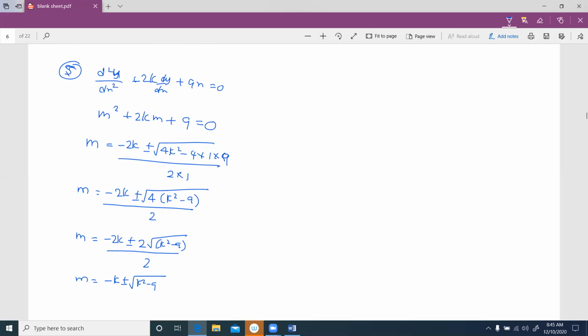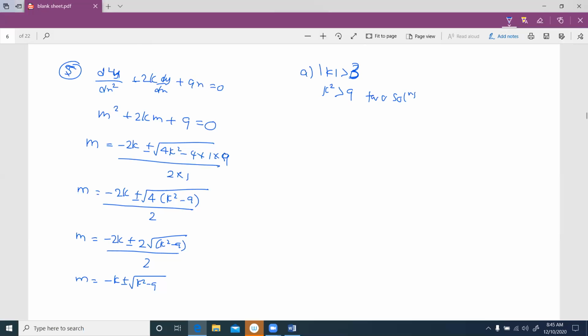The first part of it, what they say is, if modulus of k is greater than 3, let's see, greater than 3, this means k squared should be greater than 9. That means you have two solutions.